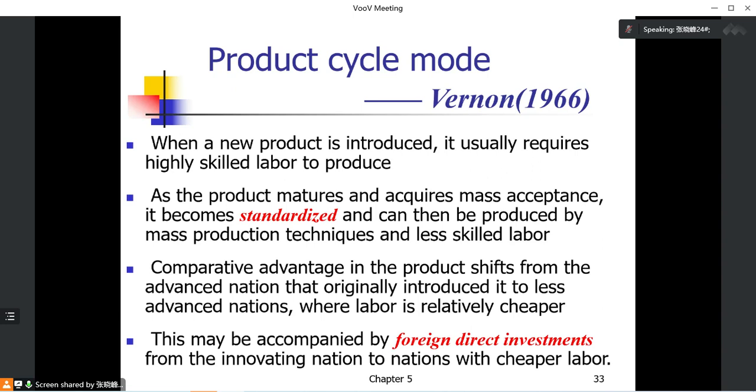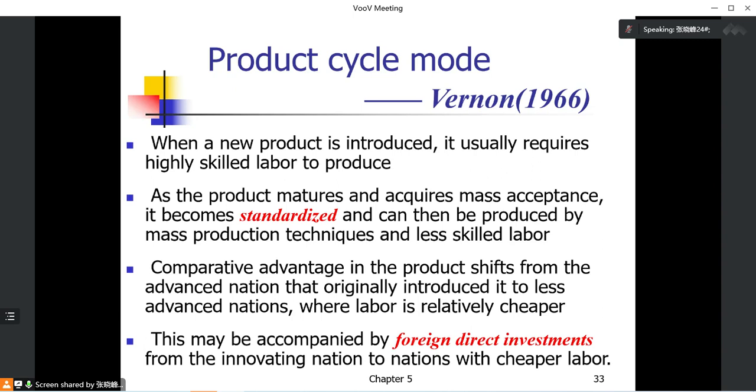When a new product is introduced, it usually requires highly skilled labor to produce. As the product matures and acquires mass acceptance, it becomes standardized and can then be produced by mass production techniques and less skilled labor.